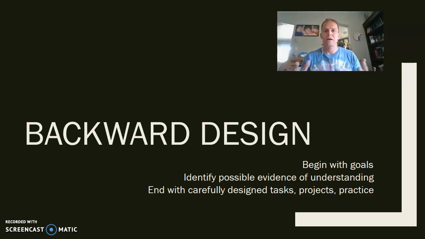So perhaps we might start with a unit that we're comfortable with, start with a project that we feel confident in, and put it through the backward design model. Reevaluate the values, look at how we can assess our students' understanding, and then tweak or design the projects and practicals that will help these students focus and deepen their understanding and create meaning through doing.